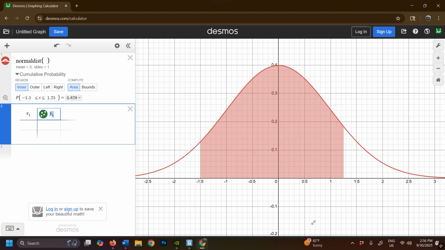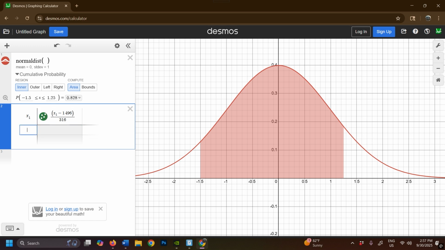So I'll go parenthesis for the top, x1 minus the mean value, which was 1498, and we want to divide all of that by 316, which is the standard deviation.